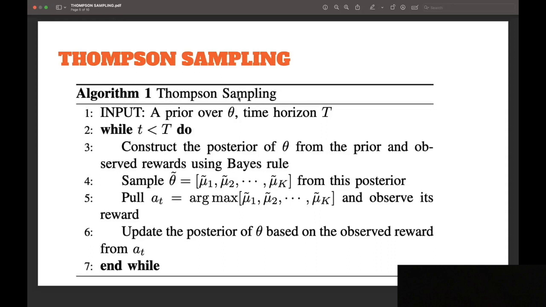After the user plays the slot machine, she inputs the reward she obtained from this machine back to the algorithm. The algorithm updates its posterior based on this new reward observation, and continues like this until we reach the time horizon.